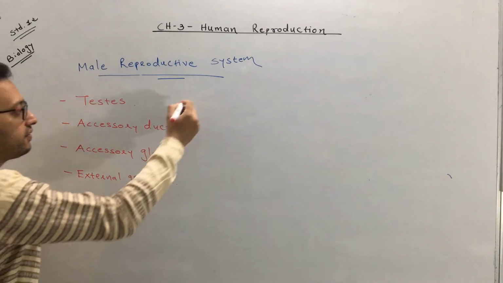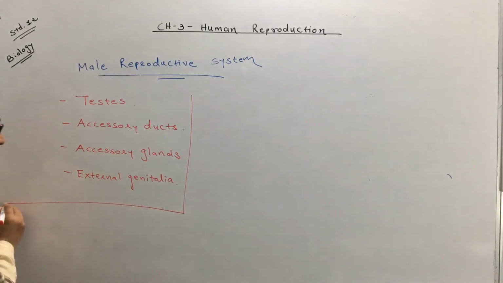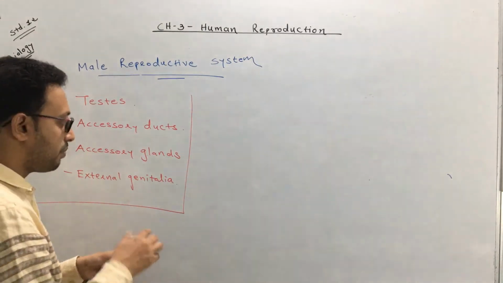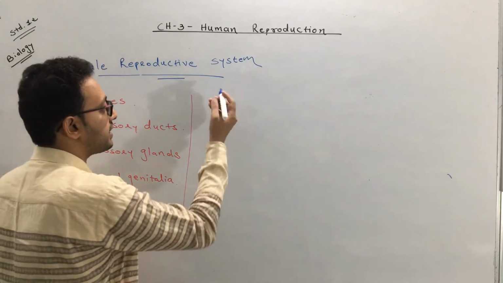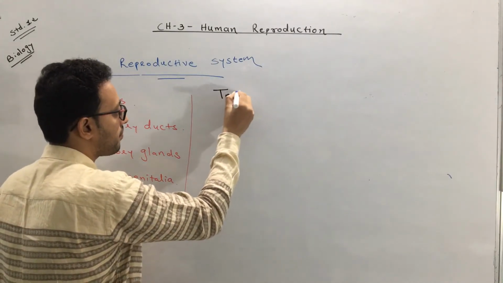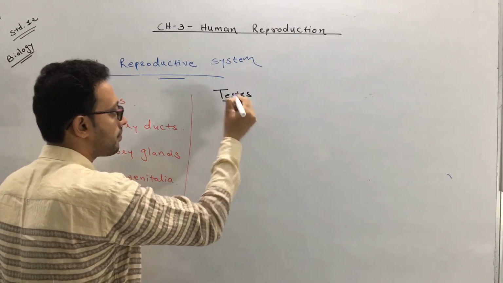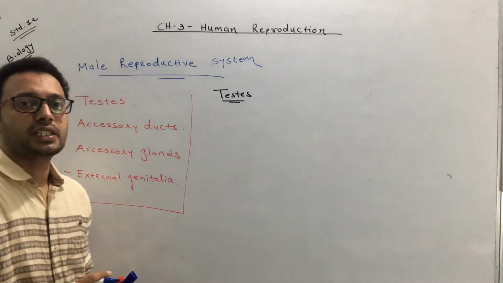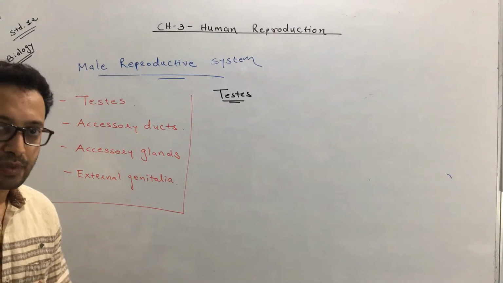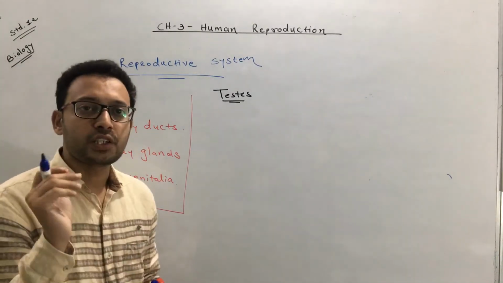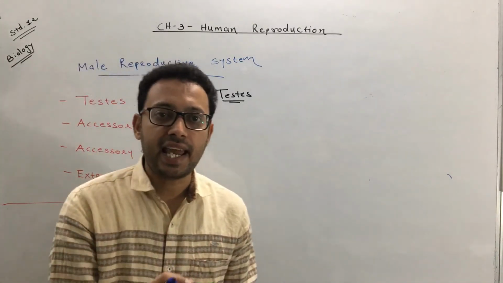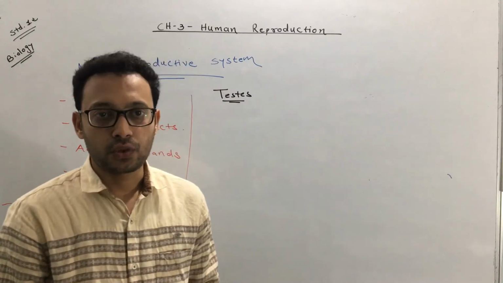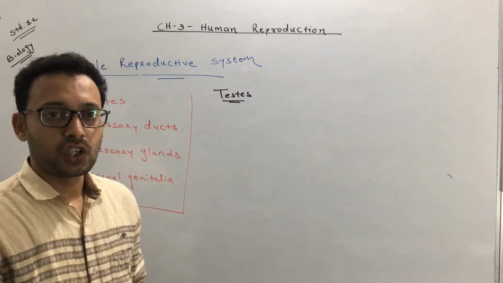Starting with the first one, it is called the testes. What are the characteristics of these testes and where are they present? In a human being, the testes act as a gonad.